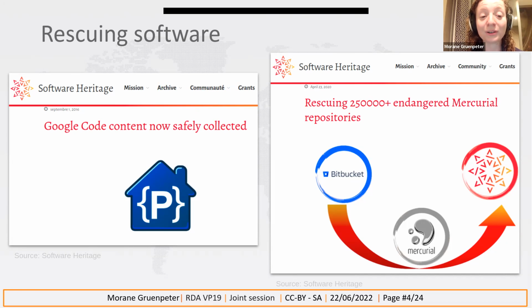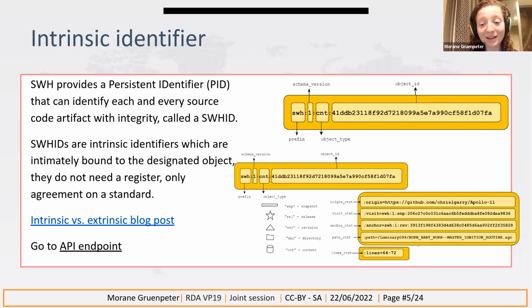We have seen that recently with Google Code that closed. It was a forge with many repositories, and also more recently, Mercurial repositories in Bitbucket have been closed as well. You can only use Bitbucket for Git usage, and those repositories are also safely saved in Software Heritage.